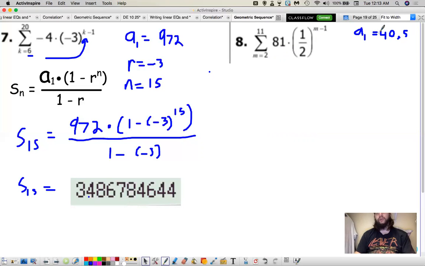Half times 81 is 40.5. R is a half. And 11 minus 2 is 9, plus 1 is 10. S10.